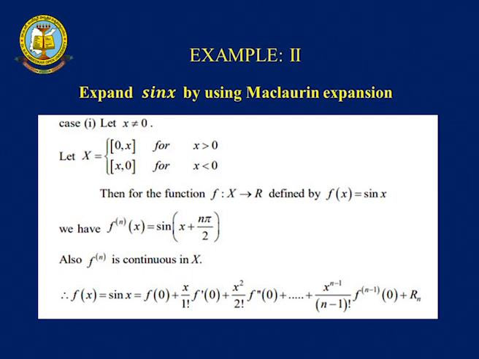So this is the formula: we can write sin x equal to f of 0 plus x by 1 factorial into f dash of 0 plus x square by 2 factorial into f double dash of 0 plus and so on, plus x power n minus 1 by n minus 1 factorial into f power n minus 1 of 0 plus Rn. Rn is the remainder.